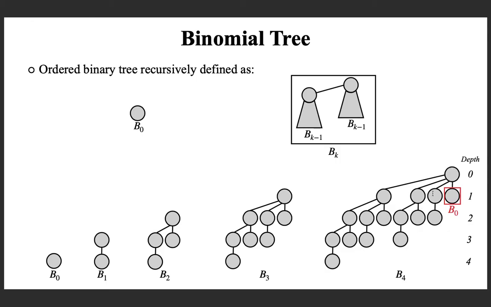Then the next child here is B1, then to the left you have B2 and then B3. So in B4, B3 is the leftmost child, then the second leftmost is B2, then B1 and B0. So here are some properties that we are observing.